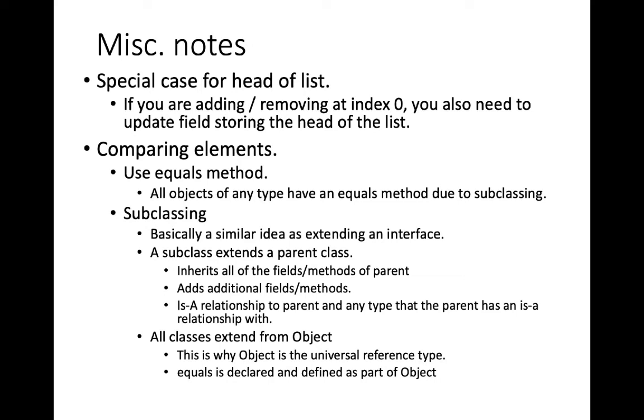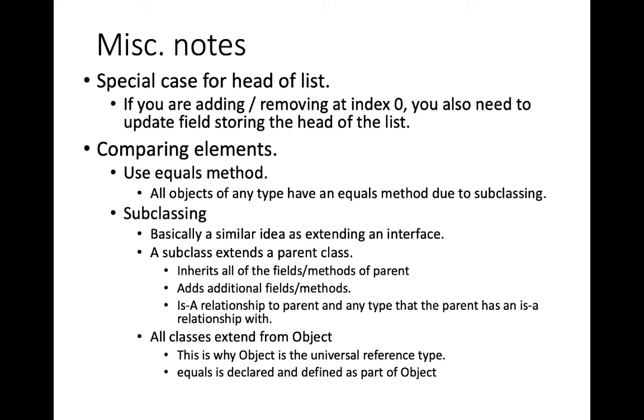So it turns out that Java, without really telling you, if you try to define a class that does not have a parent, will automatically make it a subclass of Object with a big O. This is why Object with a big O is the universal reference type, because it happens to be the very, very beginning of this subclass chain for any class.